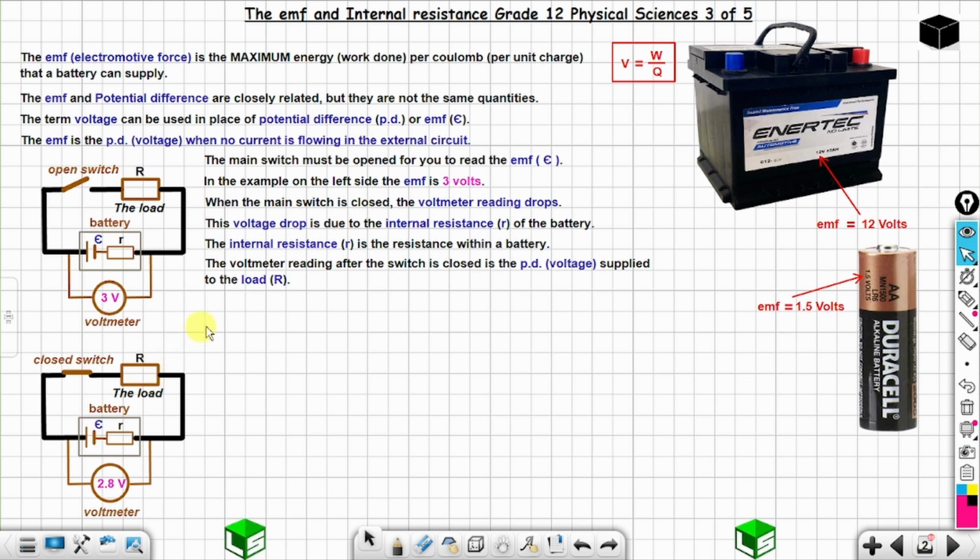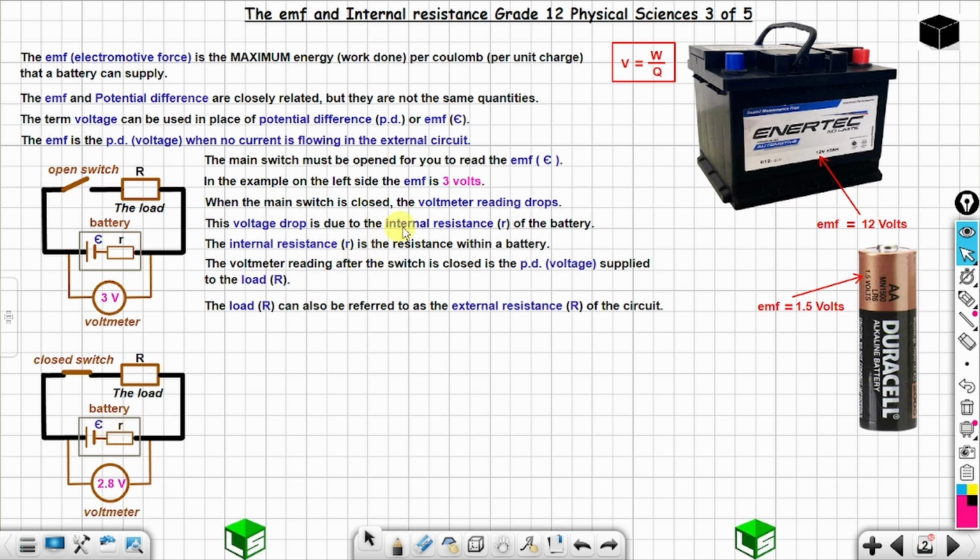So we carry on. The load can also be referred to as the external resistance of the circuit. External, meaning outside of the battery. Internal, meaning inside of the battery. For internal resistance, we use lowercase r.